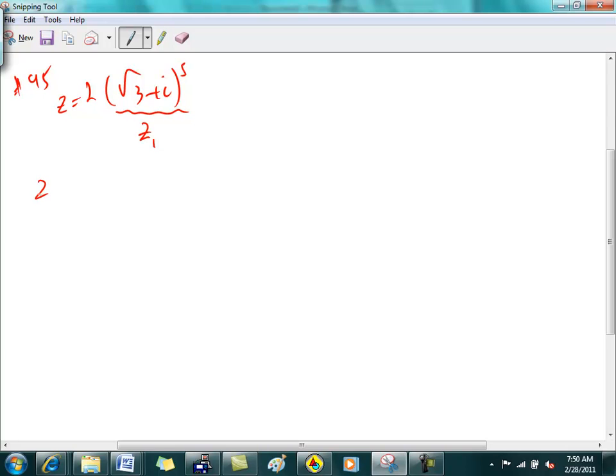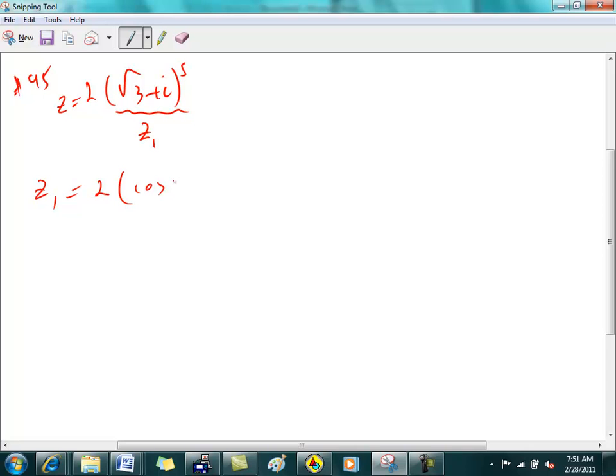So Z1 is going to be, what's r equal to? 2. And what's the angle equal to? It's b over a, root 3 over 3, so that looks like pi over 3. Is everybody with me on this? Ian, you don't look very happy.